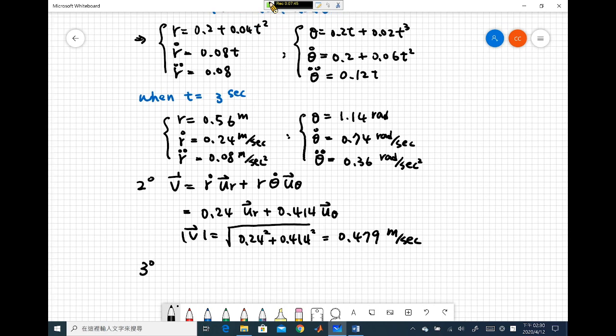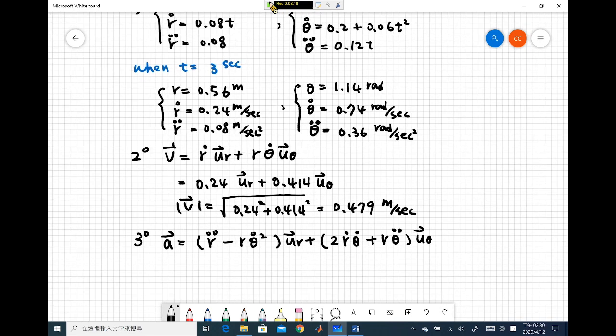The same thing for your a. You will see that it will be r double dot minus r theta dot squared times ur plus 2 times r dot theta dot plus r theta double dot times u theta. So it will be equal to 0.227 ur plus 0.557 u theta.